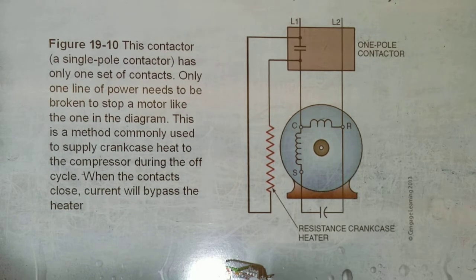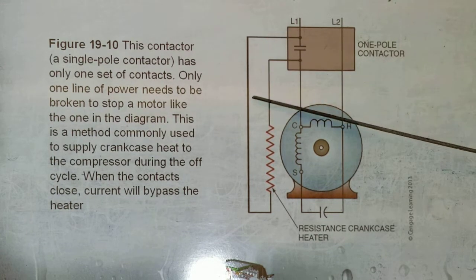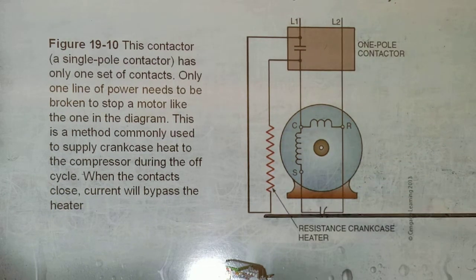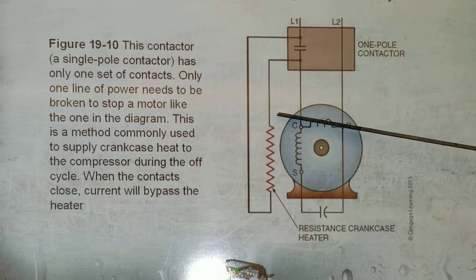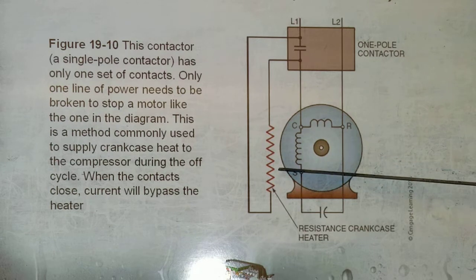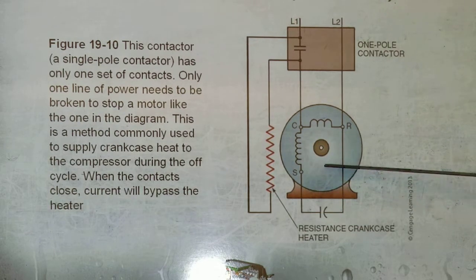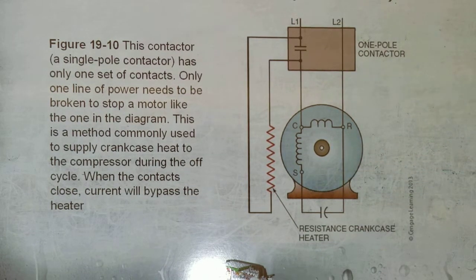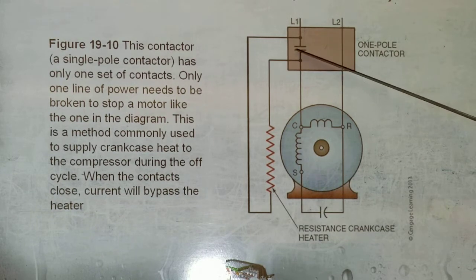So you're going to get the entire L1 and L2 across that switch. So when the compressor's off, the electric crankcase heater heats up, keeping that compressor warm when it's not running. As soon as it runs, what do you read across the closed switch? Zero.